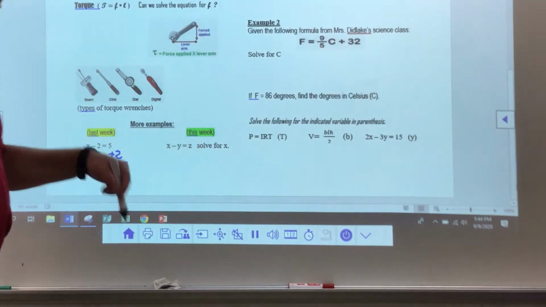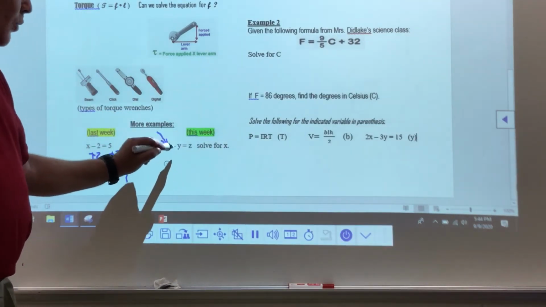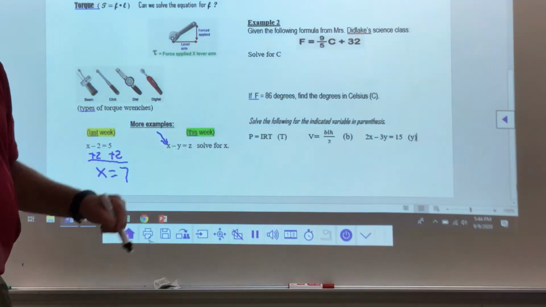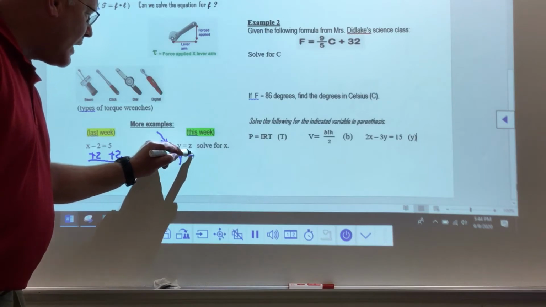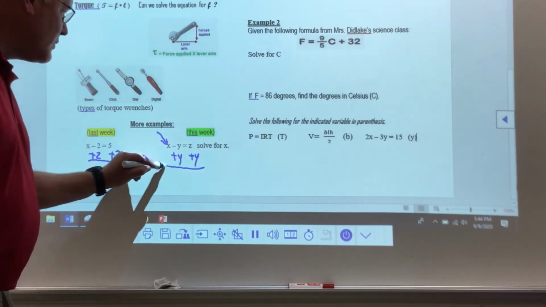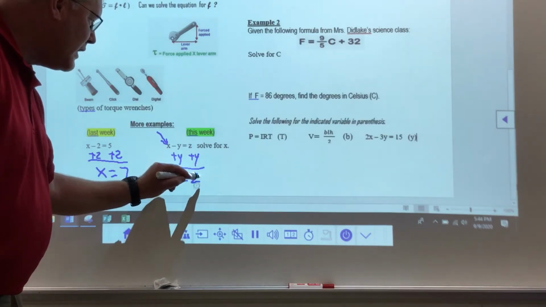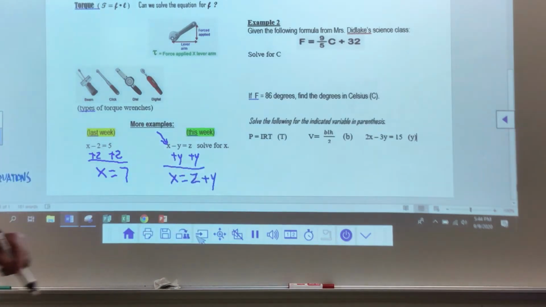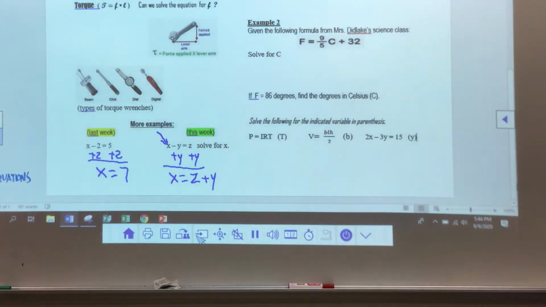Not a real formula here, but we can still solve this for the x. We've got to get rid of this minus y, and the way we undo that is to add y. What we do to one side, we do to the other side. So we wind up with x is equal to z plus y. Pretty basic.